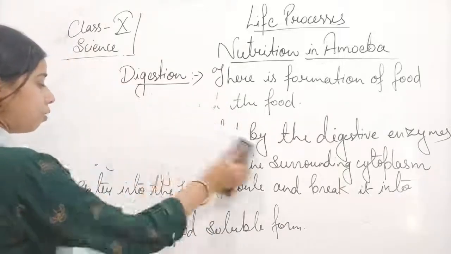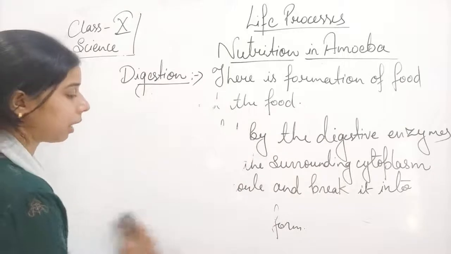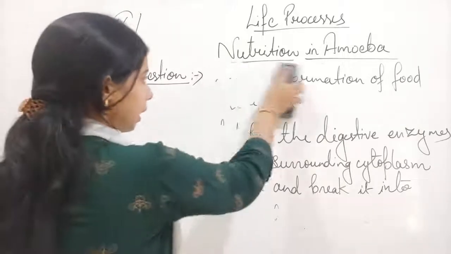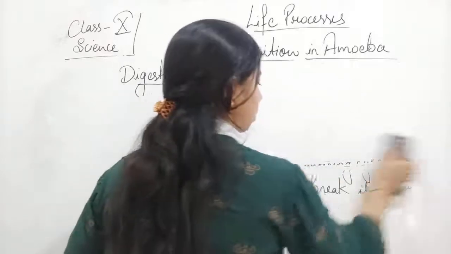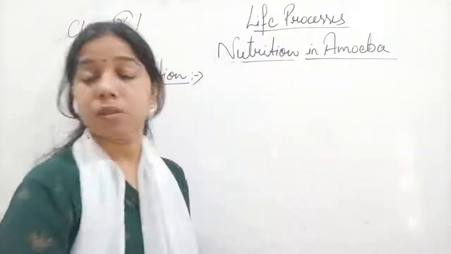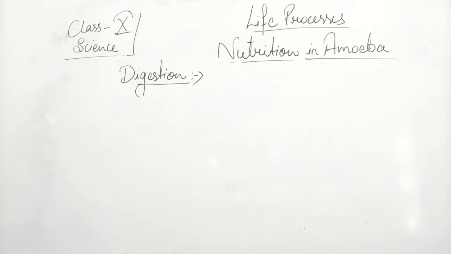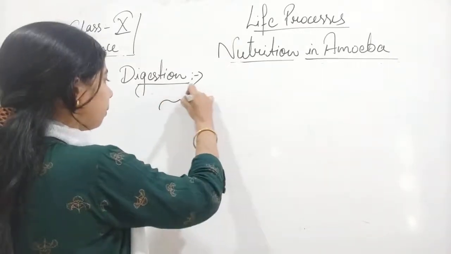Now let me draw the diagram of that also, so that we can understand what basically happens in the digestion process. So we can draw the diagram of it. So here what happened?